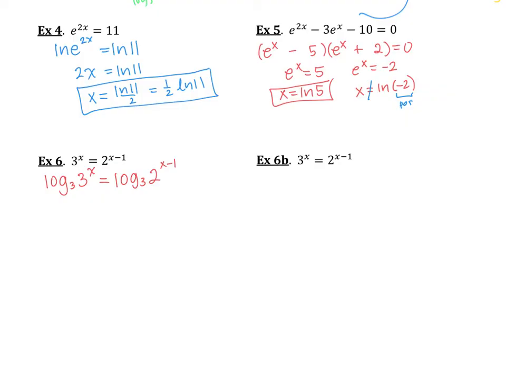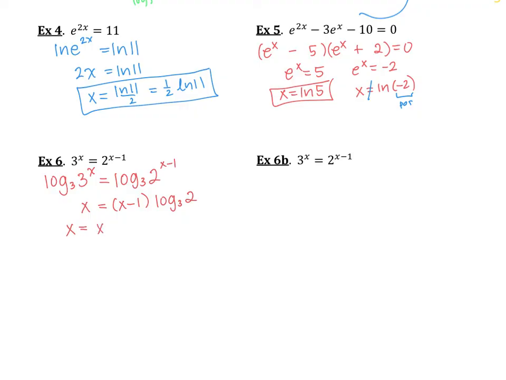Okay, so log base 3 of 3 to the x turns into x. So I made the left side a lot nicer. I'm going to move the exponent down. Log base 3 of 2, unfortunately, is still there. That's okay. I do want to solve for x, so I want to get the x's on the same side of the equation. So I'm going to distribute the right side.